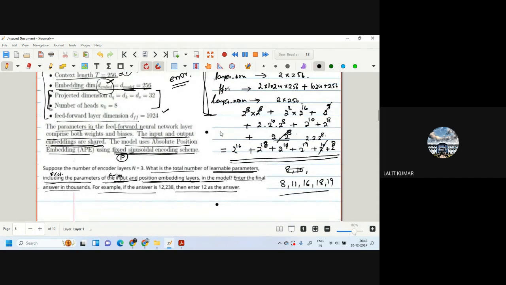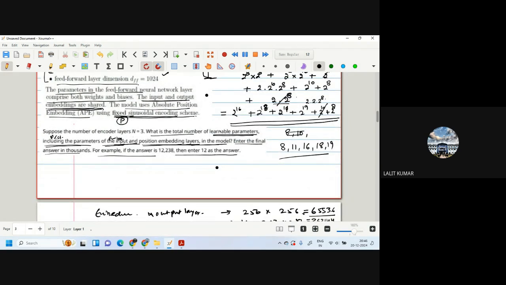The parameters in the feed-forward neural network comprise both weights and biases, which we have considered here. The model uses APE with fixed. N is equal to 3. What is the total number of learnable parameters, including the parameters of the input and position embedding layers in the model? Enter the final answer in thousands.